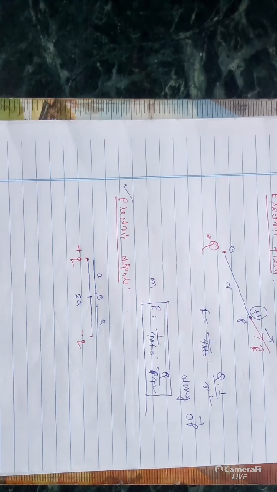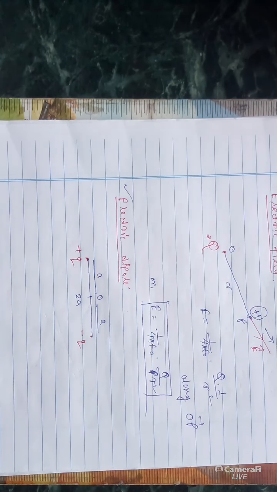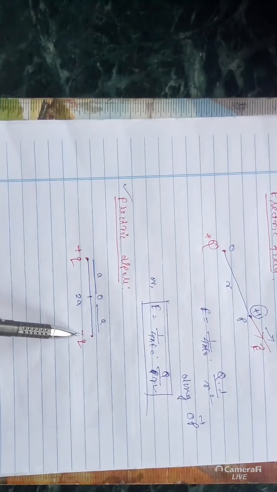Now mathematically, how will you identify the strength of the dipole? So write: two equal and opposite charges separated by a small distance constitute an electric dipole.